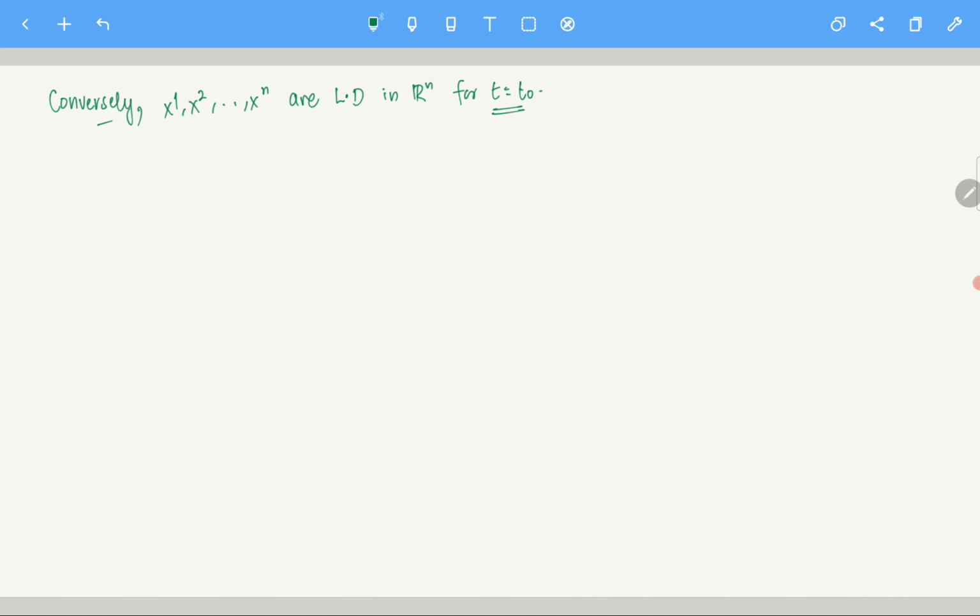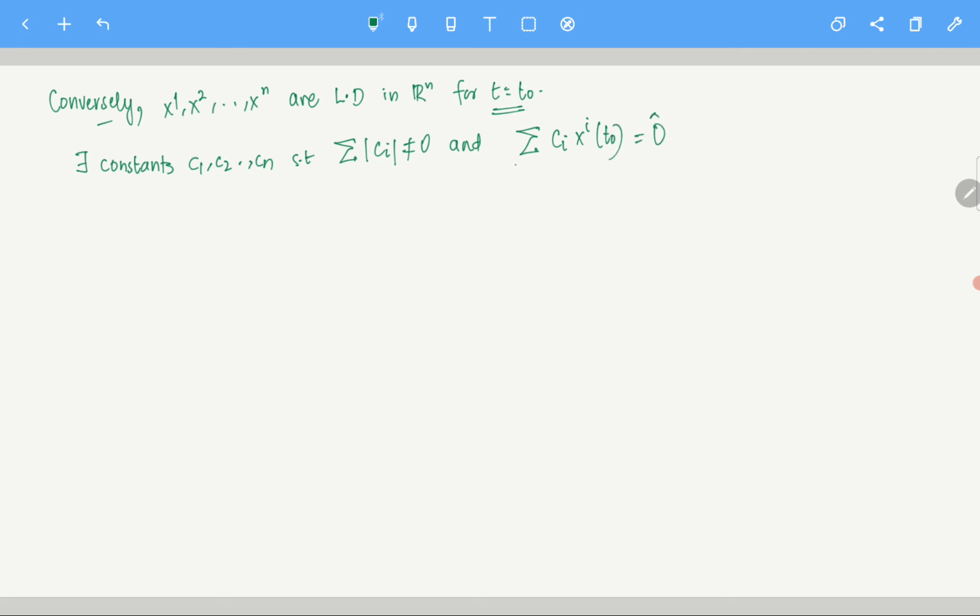So they are linearly dependent solutions basically. So how do I show that? If that is the case, there exist constants c1, c2, ..., cn such that, again the same kind of thing, the sum of |ci| is non-zero, and the sum of ci xi at the point t_0, i equals 1 to n, is going to be the zero vector.